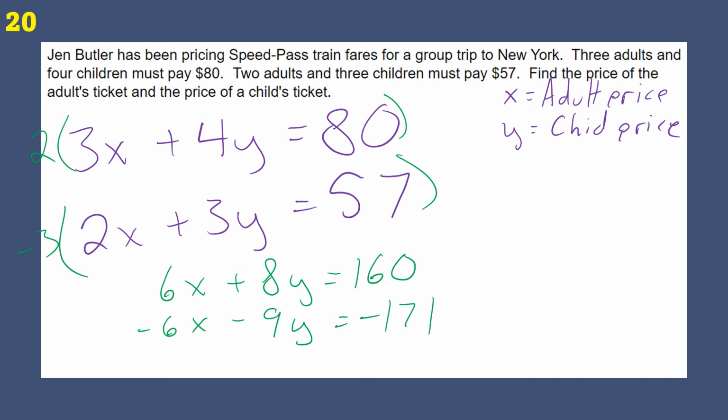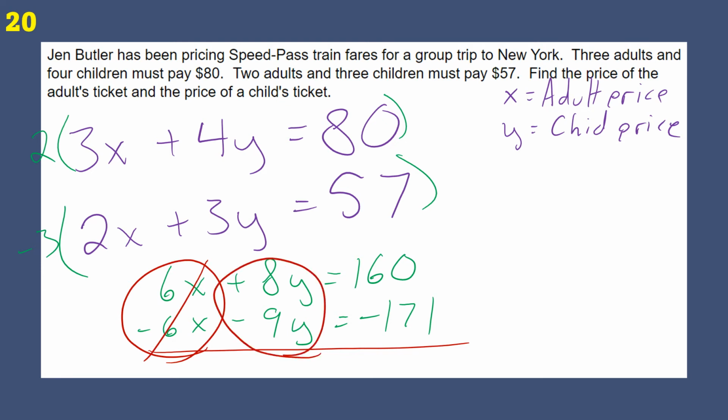All right, now that we have these together, we can cancel them out. These cancel out, but when we add these together, 8y minus 9y is negative 1y. These, when we add them together, is negative 11. So guess what? y equals 11.